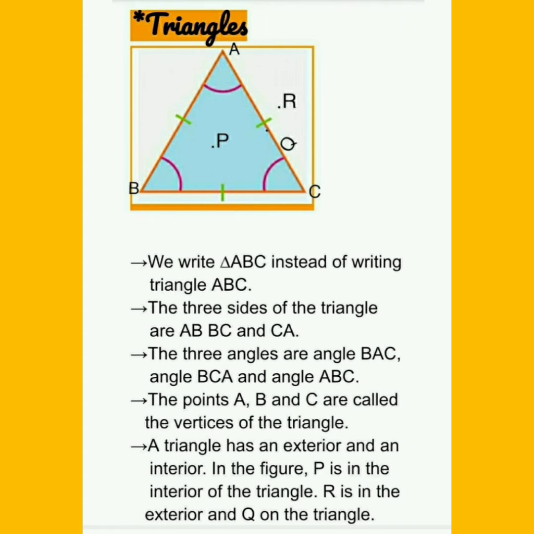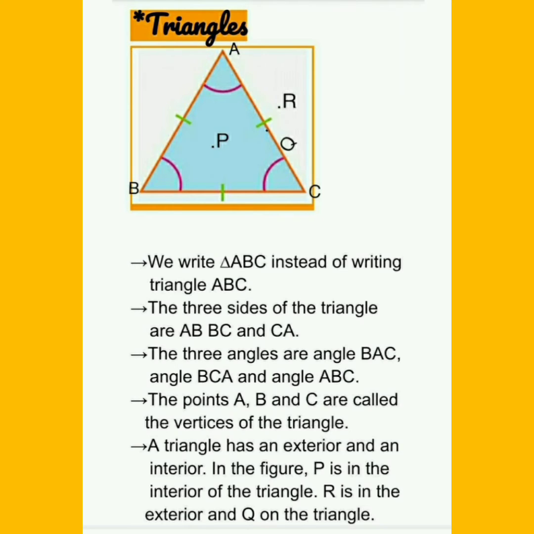Okay, so we say angle A, angle B and angle C are the three angles of the triangle ABC. Now, A, B and C are called the vertices of the triangle. Okay, now where the angle is formed, they are called the vertices.